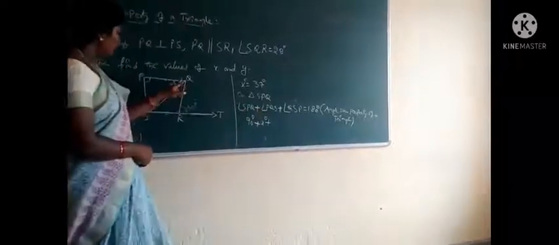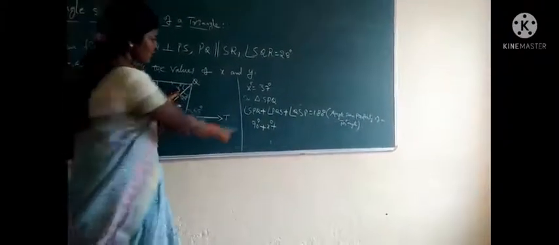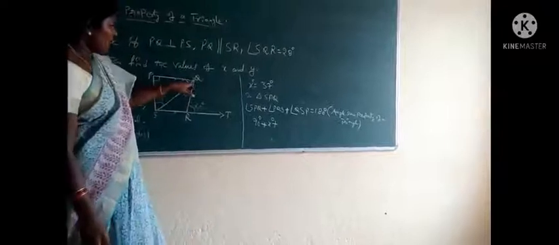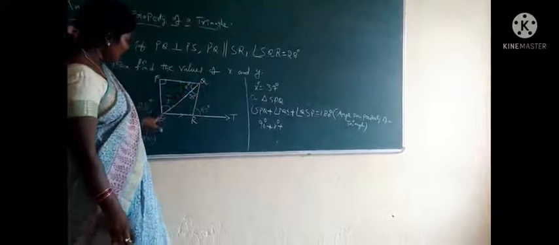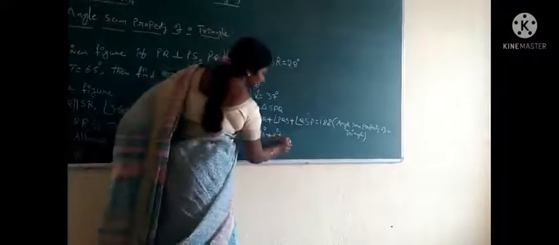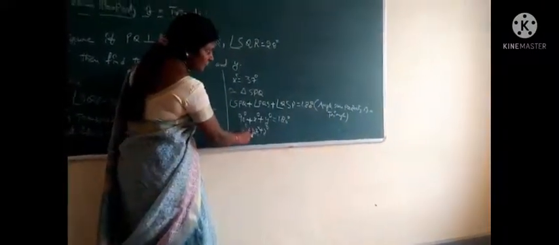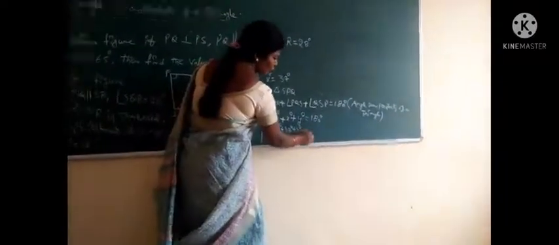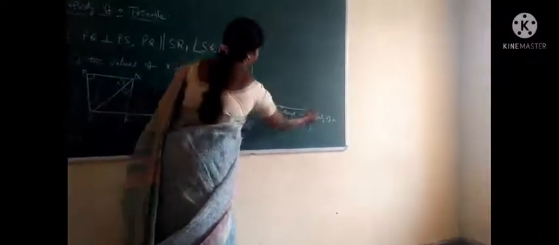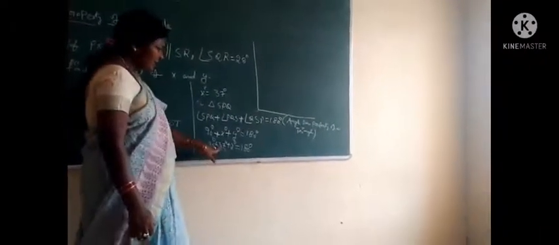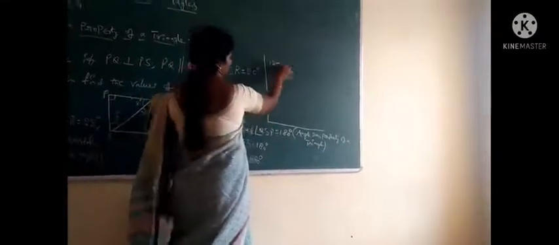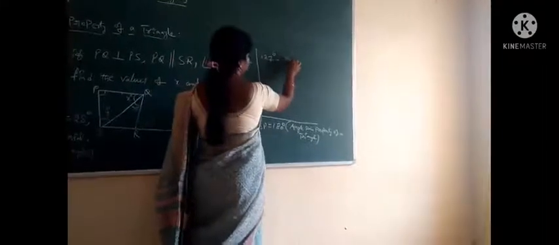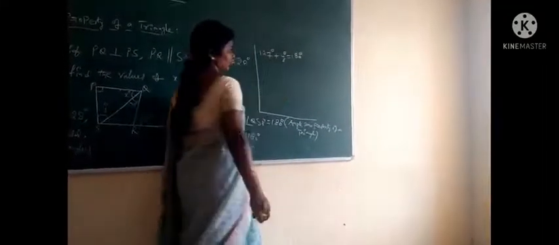Angle PQS value is x degrees, and angle QSP is y degrees. 90 degrees plus 37 degrees plus y degrees is equal to 180 degrees. 90 degrees plus 37 degrees is 127 degrees plus y degrees is equal to 180 degrees.